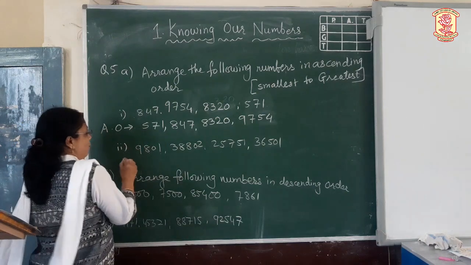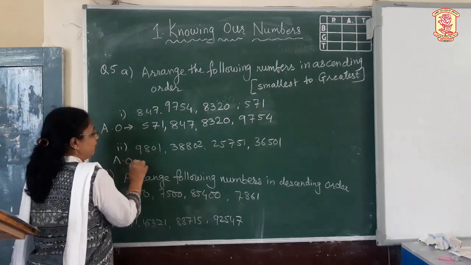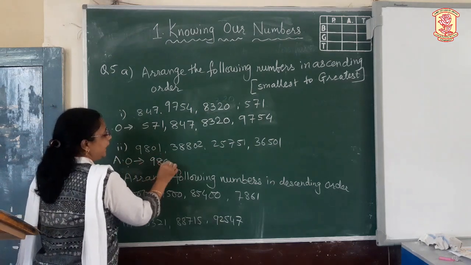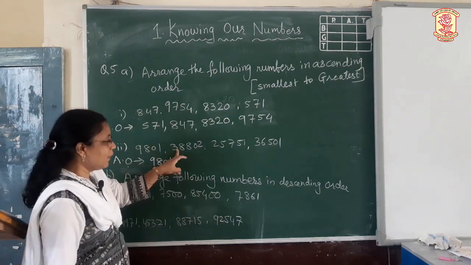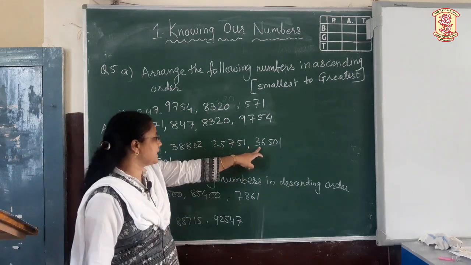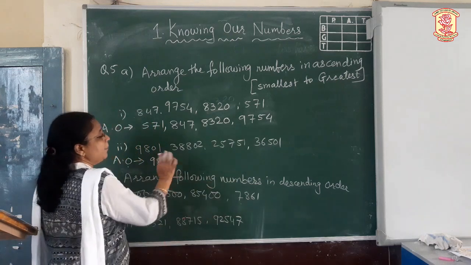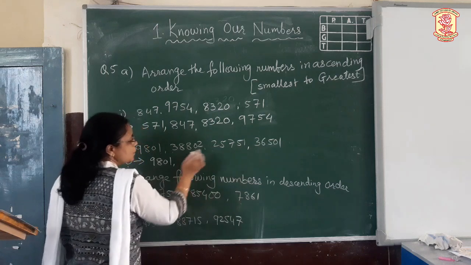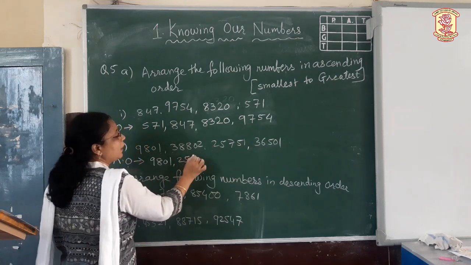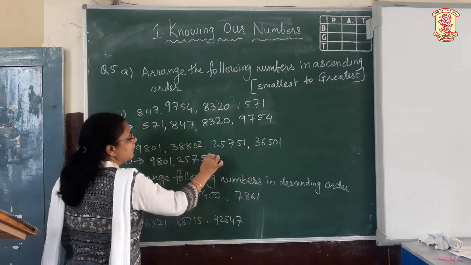So the ascending order will be 9,801 first. After that, 38,000, 25,000 and 36,000. Compare the extreme left digits: 3, 2 and 3. So 2 is smaller, so 25,751 will come.